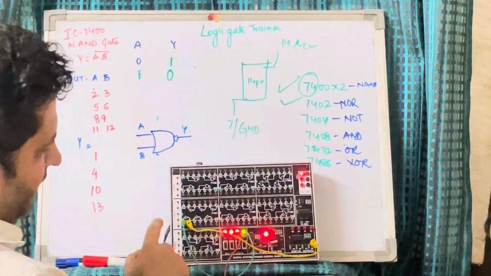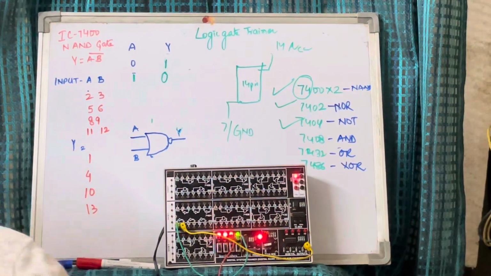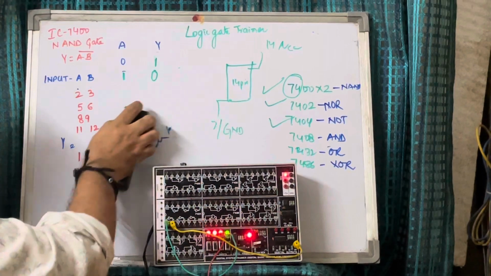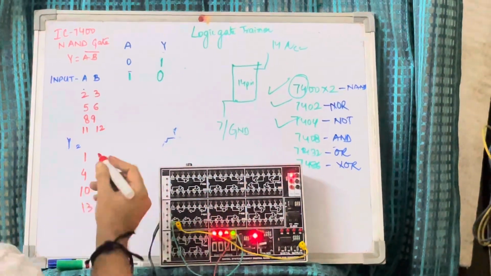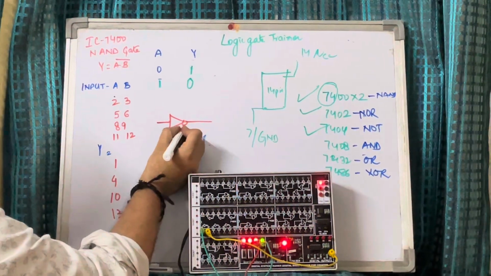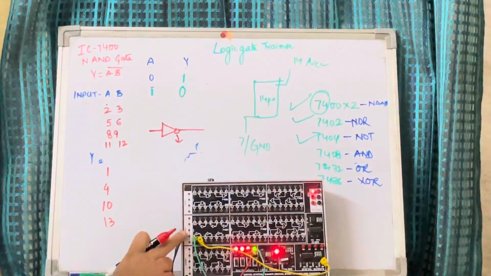So this is the working of another IC, that is 7404. Let me draw the logical symbol. The symbol for a NOT gate is this. This indicates negation, it inverts.